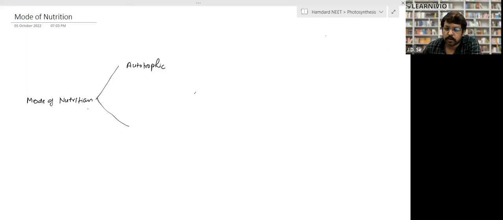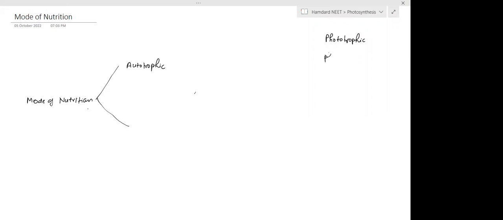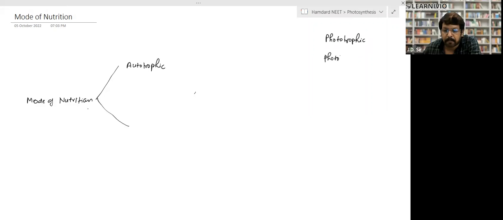So there are two terms: phototrophic, TROPHIC, right? And there is one more term, phototropic. What is the difference between the two? Phototrophic and phototropic. You must have gone through both of the terms, right? If I'm not wrong. Do you know what is the difference between the two?